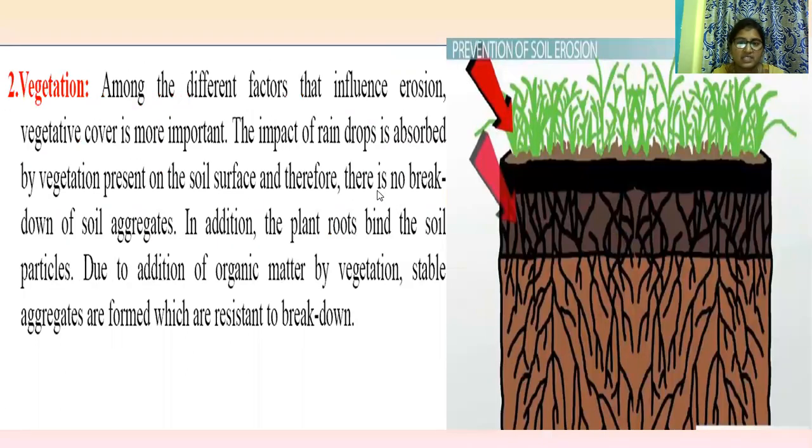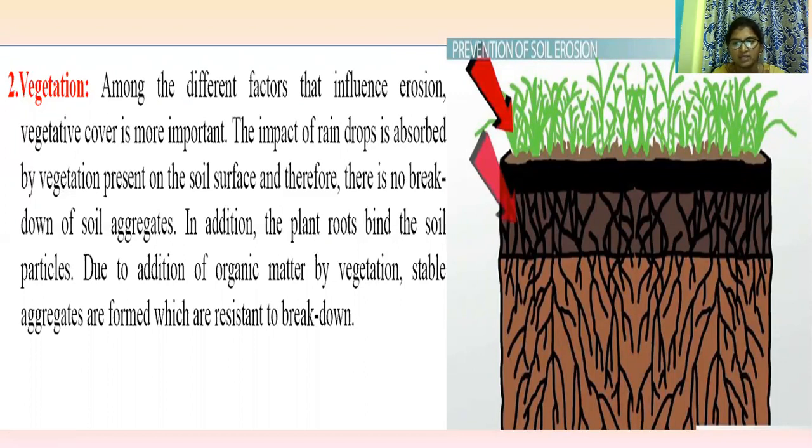Next, vegetation. Among the different factors that influence erosion, vegetative cover is the most important. Raindrops are absorbed by the vegetation present on the soil surface, so there is no breakdown of soil aggregates, and plant roots bind the soil particles.